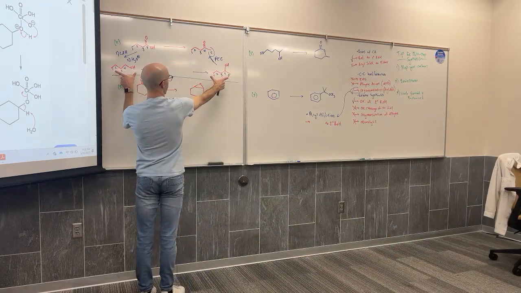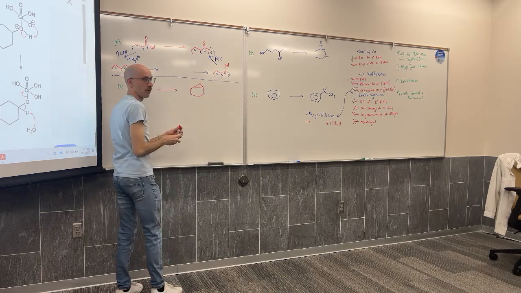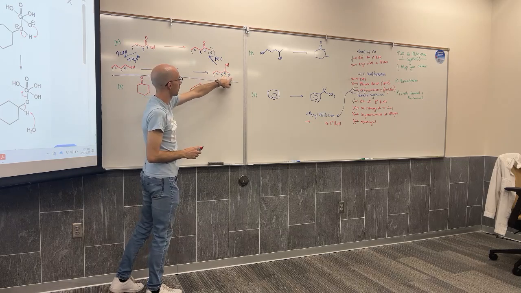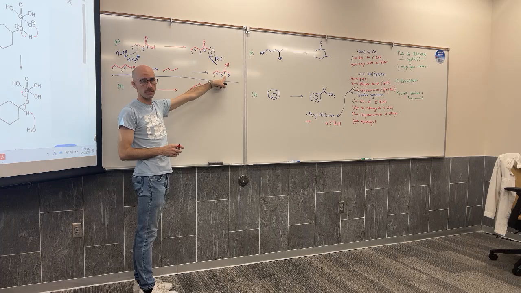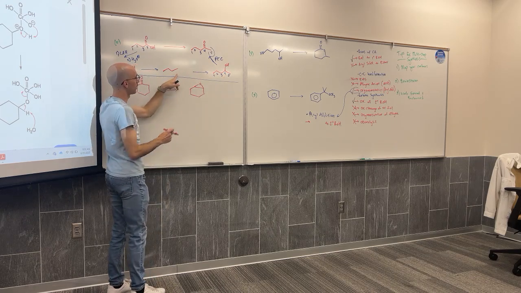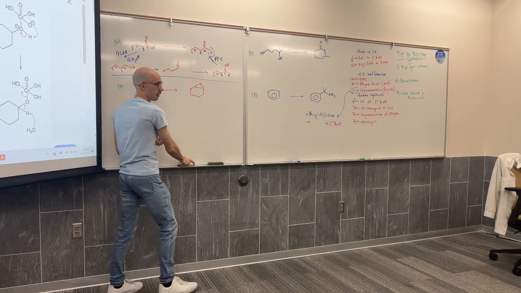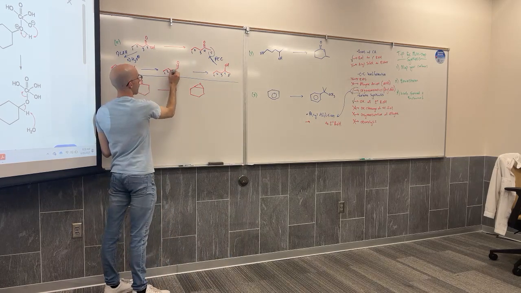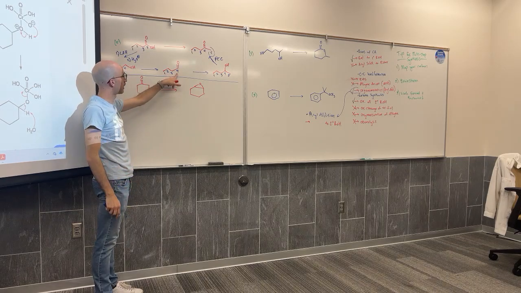I need to add carbon 5 somewhere along this way. Carbon 5 is going to bond to carbon 4. So the bond I want to form is between 4 and 5. 4 is the alcohol carbon. And with acyl addition, the alcohol carbon is always the carbonyl carbon. Well, in this case, the carbonyl carbon is primary.